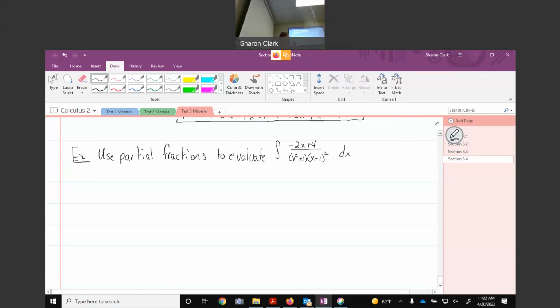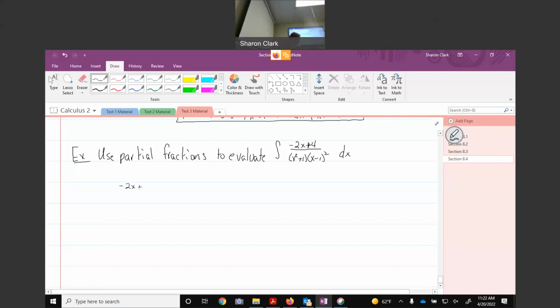Okay, so the top is linear, and the bottom is 4th degree. So that's good. We don't have to do any division. Plus, they've already factored the denominator for me. I have a quadratic factor and 2 linear factors. So let's do our partial fractions.